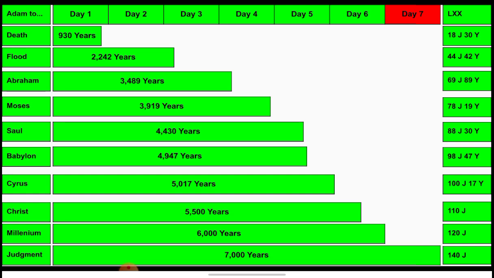It's not random, and when you line it up properly, it's actually very easy to follow. Okay. And then at the bottom, as you could see, from Adam to the last judgment, there are 7,000 years or 140 jubilees. All right.